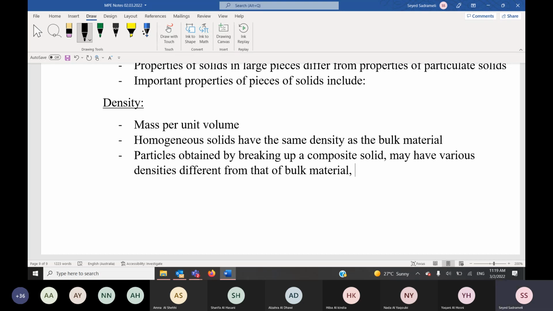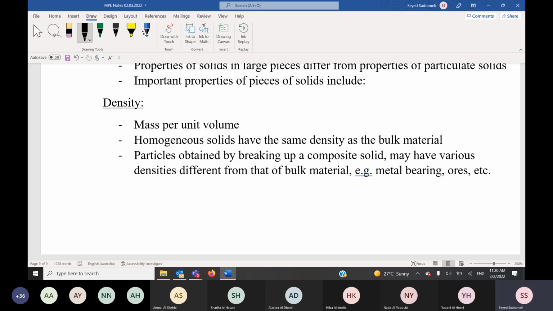As an example, metal bearing ores, etc. In some cases, the particles obtained by breaking up a composite solid may have various densities different from the bulk material.